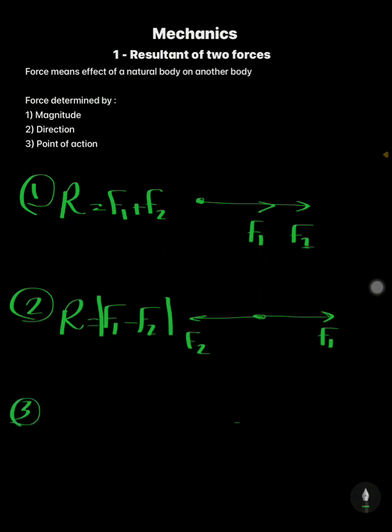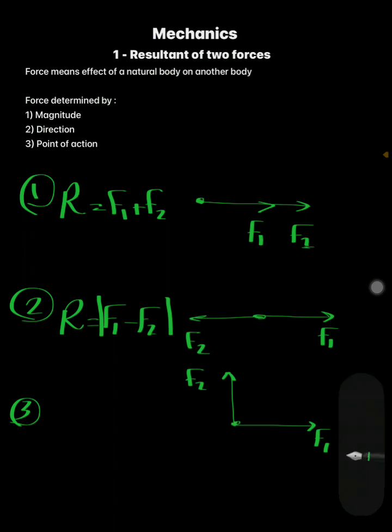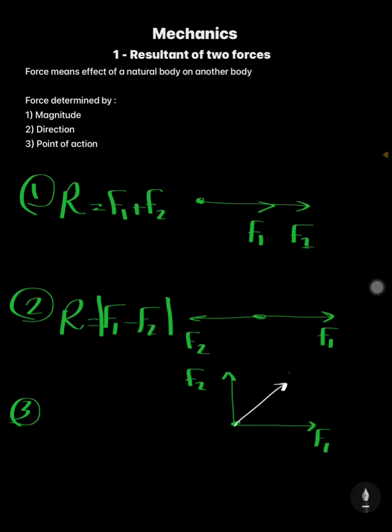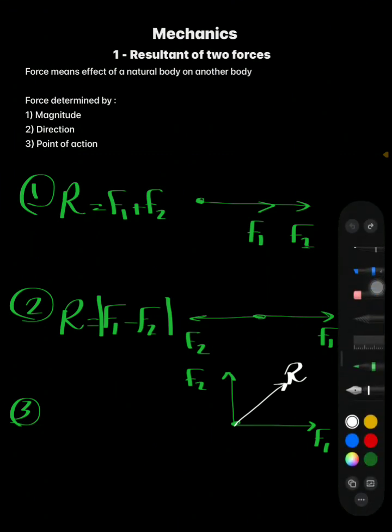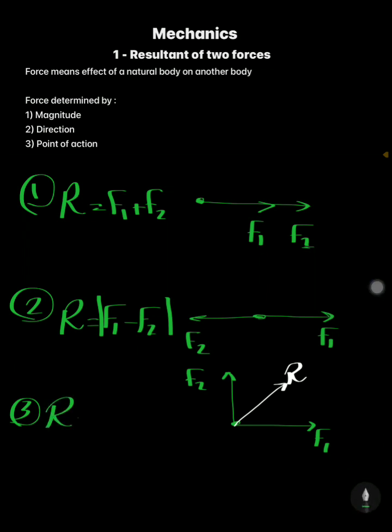If the two forces are perpendicular, if F1 and F2 are perpendicular, this body will move in this direction. This is the direction of resultant, but we want to find the magnitude of the resultant. To find the magnitude of resultant, we use Pythagoras. How can we use Pythagoras and we don't have right angled triangle?